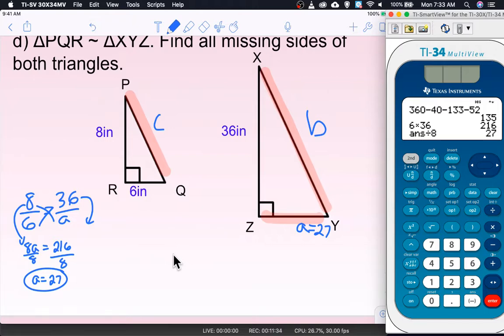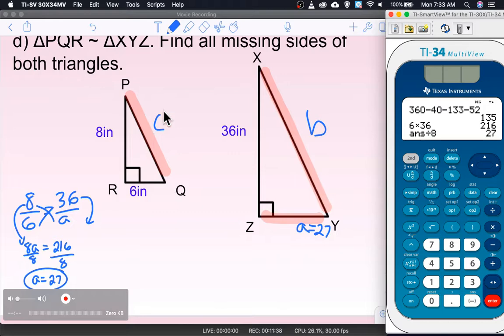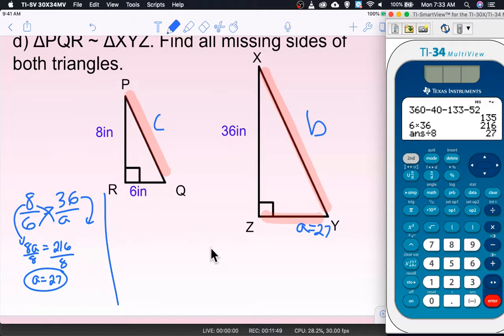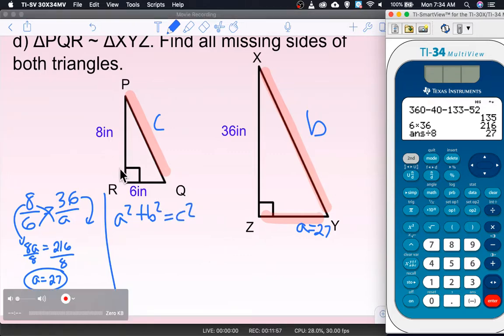So, did you find the right thing to do? How do you find the missing side of a right triangle? Did you use Pythagorean theorem? You should have. If you didn't, maybe you want to pause the video, and now that you know what to do, you can do it. A squared plus B squared equals C squared. I'm going to just do this one here.